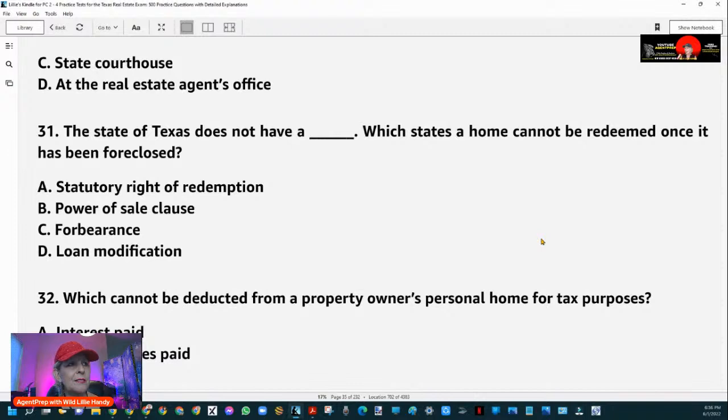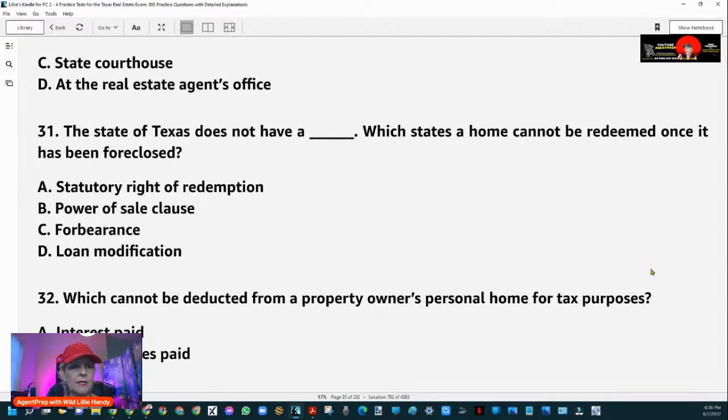Question 31 for Texas state questions. The state of Texas does not have a blank, which states a home cannot be redeemed once it has been foreclosed. A, statutory right of redemption. B, power of sale clause. C, forbearance. Or D, loan modification.